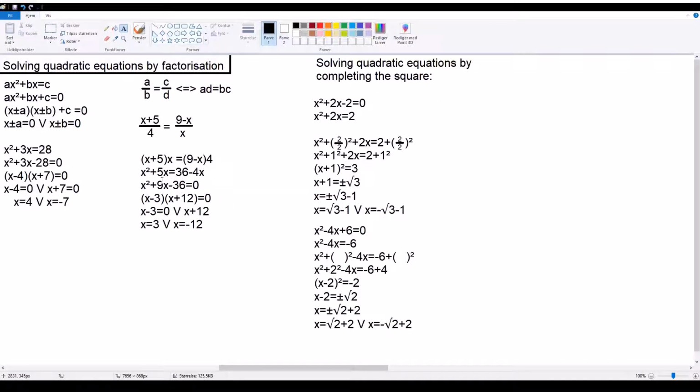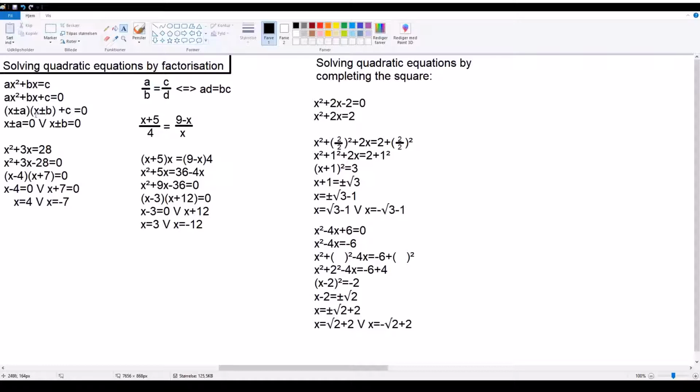Now for solving quadratic equations by factorization. As you can see here, we have a quadratic equation where it's ax squared plus bx equals c. Then that can be rearranged into ax squared plus bx plus c equals 0. That c should actually be a negative c because you're moving it over, which then can be factorized into x plus minus a and x plus minus b equals 0.